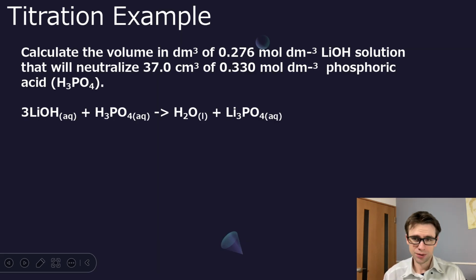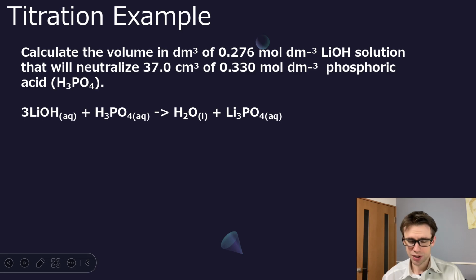So let's look at how the calculation for this might go. Calculate the volume in decimeters cubed of 0.276 mole per decimeter cubed LiOH solution that will neutralize 37.0 centimeters cubed of 0.330 mole per decimeter cubed phosphoric acid, H3PO4.